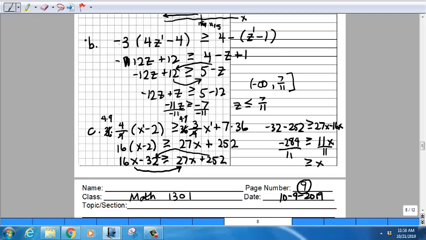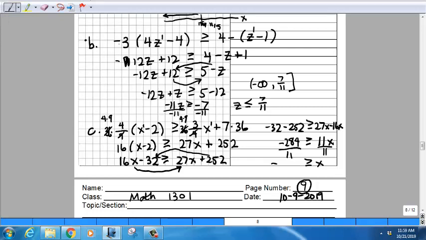Can y'all try that with the calculator there for me? It's going to be negative 25.8181. Oh, okay. So we'll just leave it in that form.